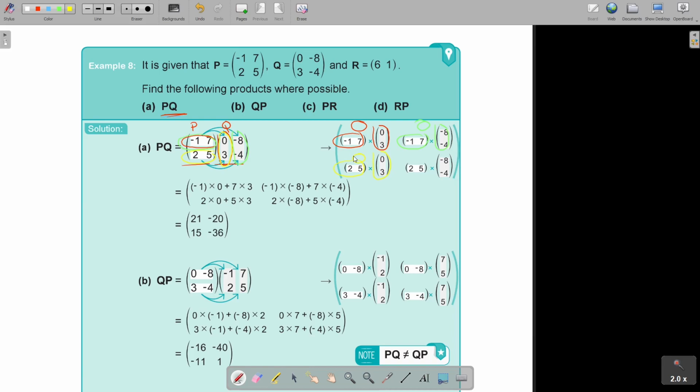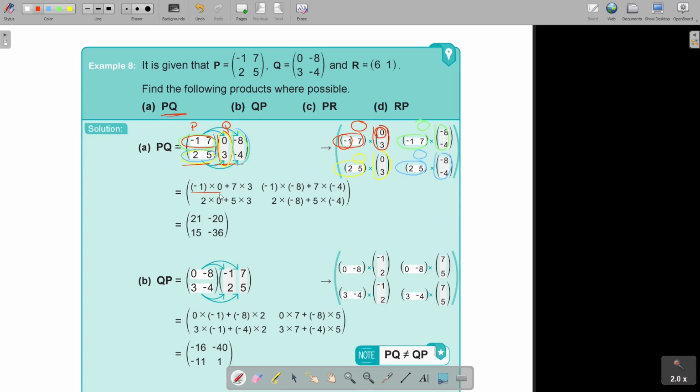Okay, so I will show you now how to multiply. And then the final one, I will write this row with this column, this row with this column, and I will get an answer there. Okay, now basically it works like this. I take the first and I multiply it with the first there. So -1 times 0.